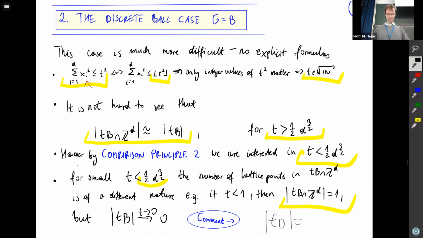Let's say t is equal to 1/2. The problem is that the Lebesgue measure of b goes to 0 very fast with the dimension. It's well known and computed explicitly, the value of this thing. So the behavior is completely different, because in the discrete setting the number of lattice points stays 1 all the time, whereas in the continuous setting it gets smaller and smaller. So you cannot compare those two worlds for small values of t.